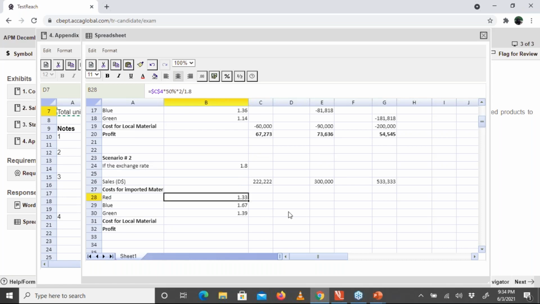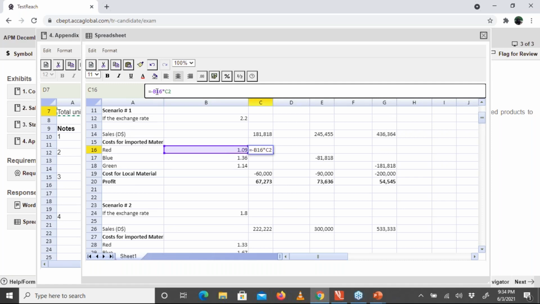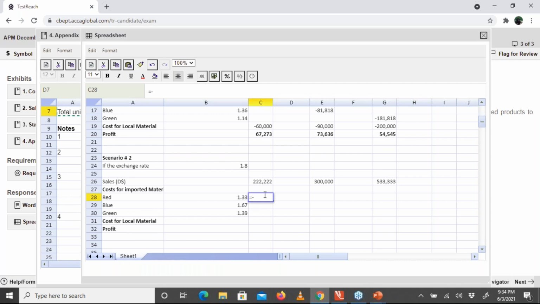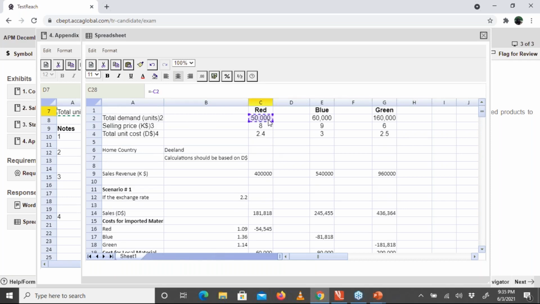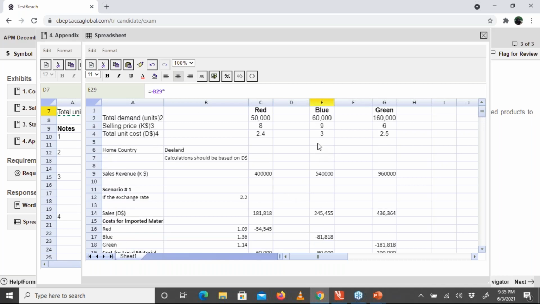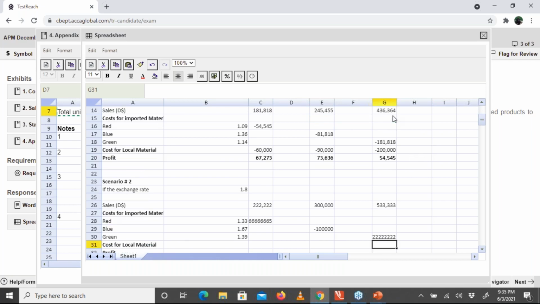Now this is what results. What next? Or if it's going to take you a lot of time, equals this minus this, into this, equals this multiplied by the number of units, equals this multiplied by the number of units again.